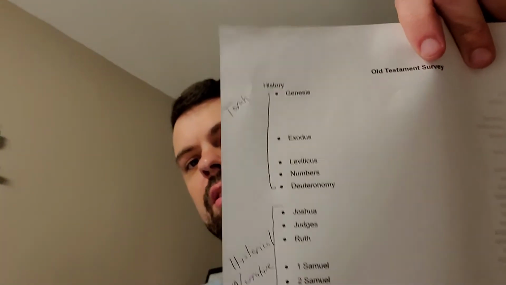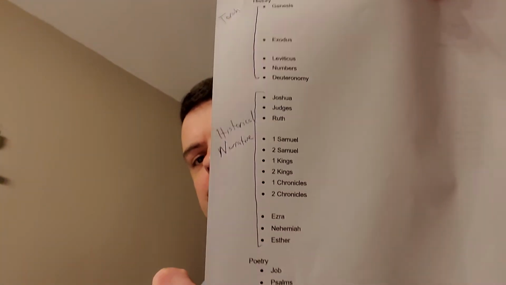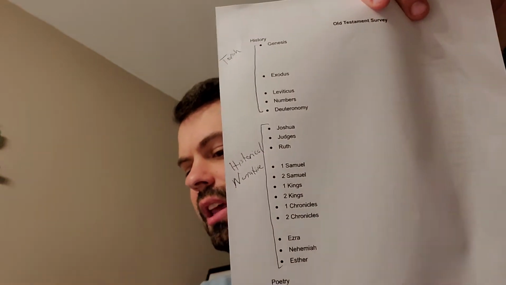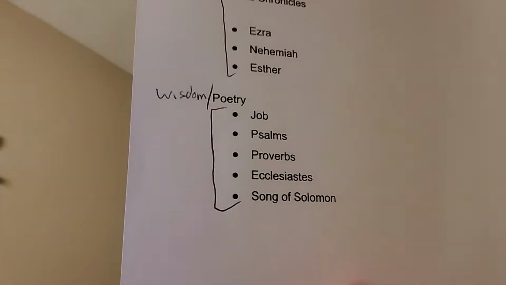So you got the Torah, then you got historical narrative. And then you can go from Job to the Song of Solomon. Obviously, it's already kind of listed there, but we're going to call that one the wisdom / poetry.